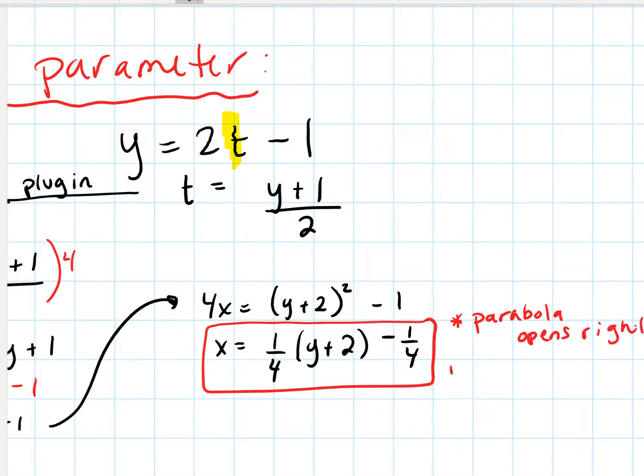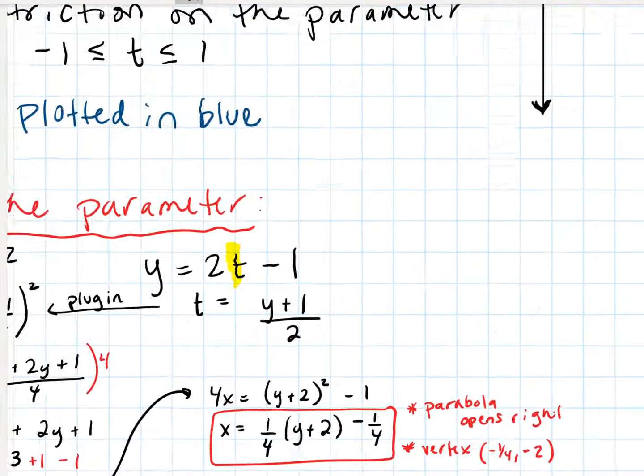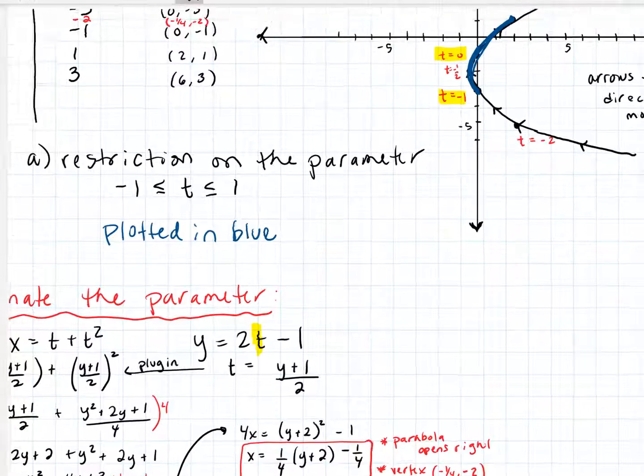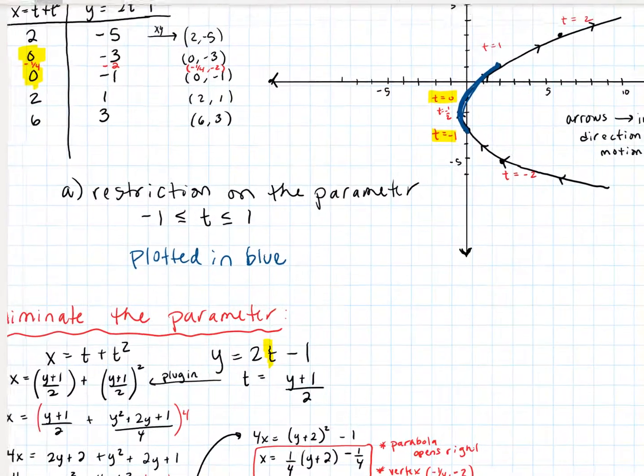We can identify that the vertex is at negative 1/4, negative 2, since it was a parabola in terms of y. And if we pull that together with what we had up here, we see that exact same graph we got by plotting points.